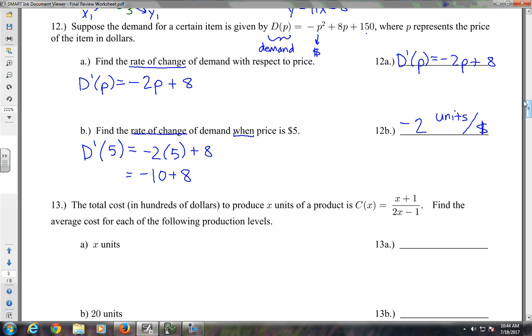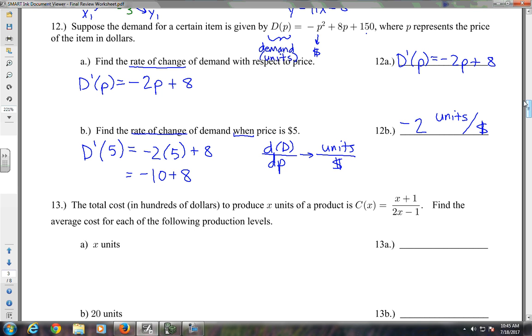Remember, demand is measured in units. Price is measured in dollars. So the derivative of demand with respect to price, notice we're measuring units on top, dollars on the bottom, if that helps to obtain those units.